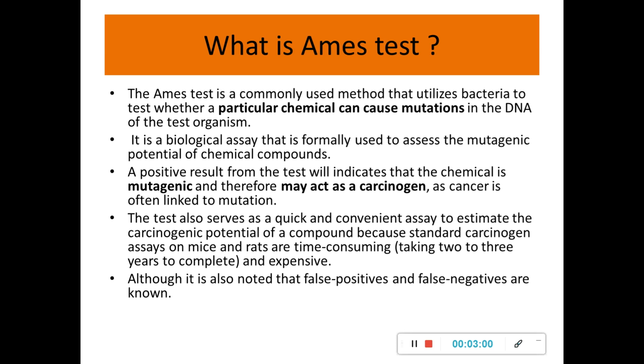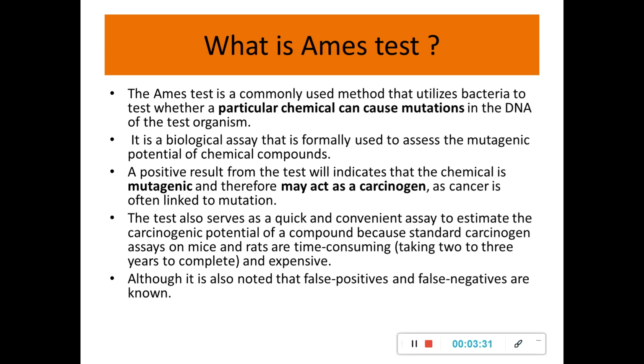Now, every chemical which is being used in your cosmetics, in different industries, or in your toothpaste has to first pass a test of whether it is a cancer causing agent or a mutagen. This process of checking whether it is a carcinogen is usually done in labs.